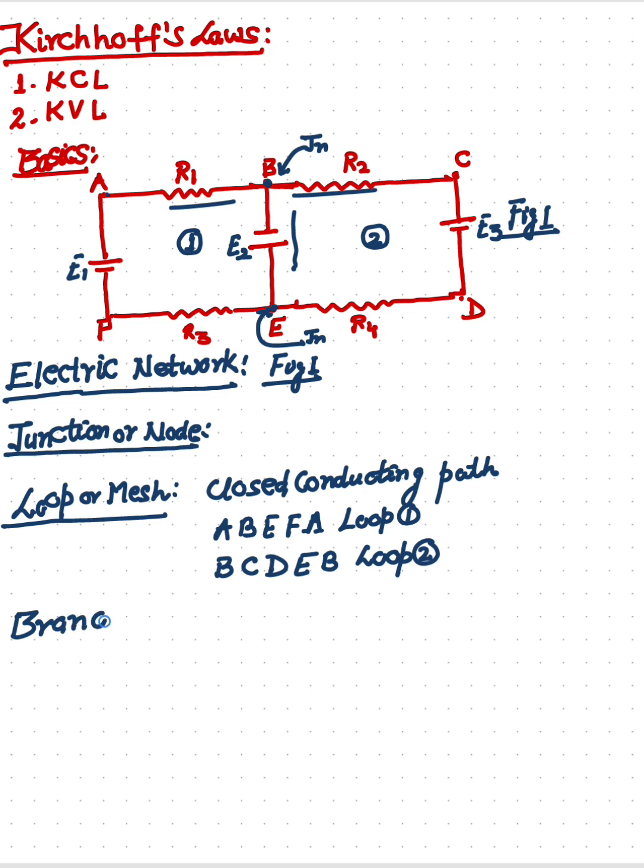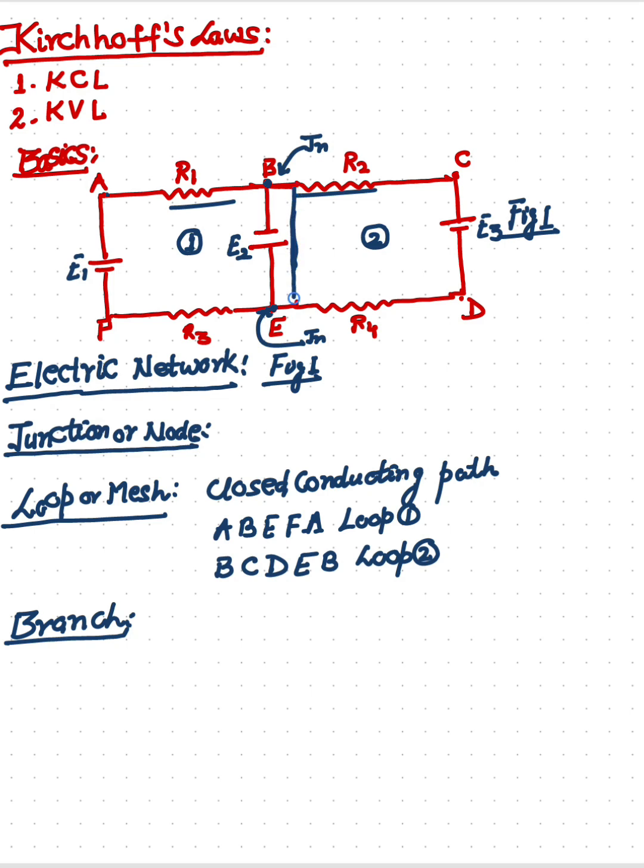Now next term is branch. What is a branch? It is any part of an electrical circuit joined between two junctions. Look here in this diagram.